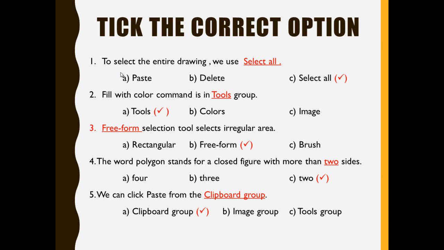Answer is 2. The word polygon stands for a closed figure with more than 2 sides. Fifth, we can click paste from the dash. Answer is clipboard group. We can click paste from the clipboard group.